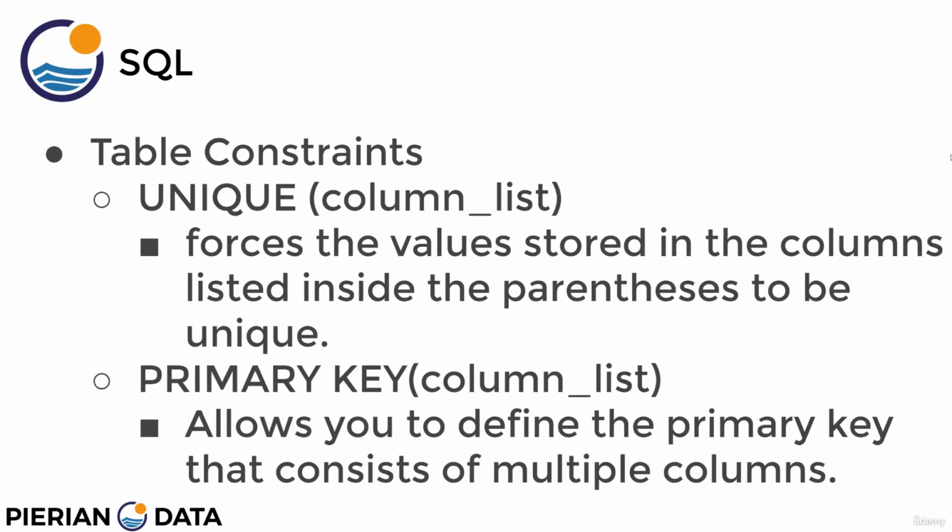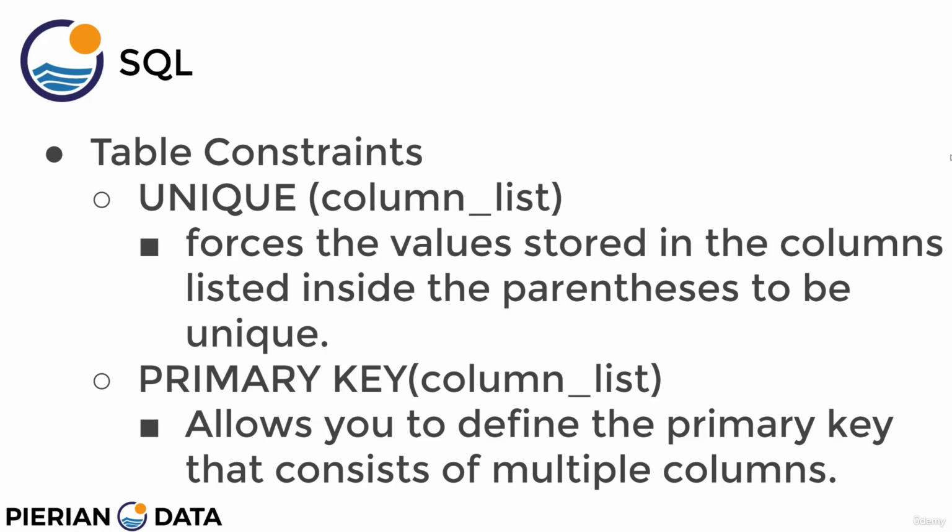There's a unique column list constraint. So you pass in a list of columns into unique, so it applies across multiple columns across the table. And it forces the values stored in these columns listed inside the parentheses to be unique. So instead of just having something be unique within a column, it's going to have to be unique within multiple columns. That's why this is known as a table constraint, because it's expanding it beyond just a single column.